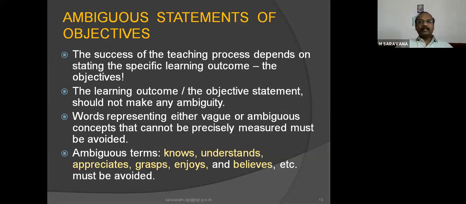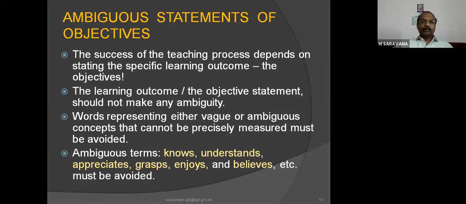How to write the terms without confusion, without ambiguity? Let us see. Words representing vague or ambiguous concepts that cannot be precisely measured must be avoided. We have learned that objectives are the intended outcome or learning outcome, and they should be measurable, achievable, realistic, and time bound.